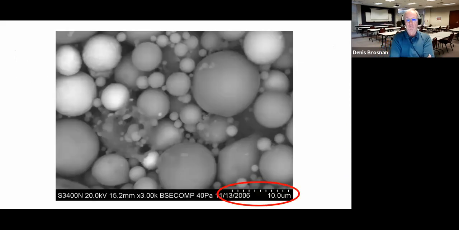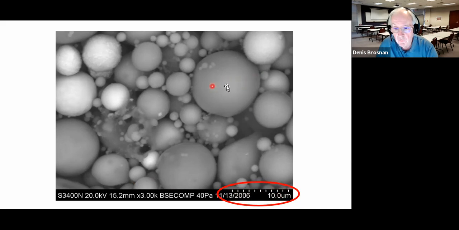So here's a picture. One of my groups of students took a fly ash image, and I think it's a pretty good picture because it shows the spherical particles. So it means that they were liquid when they melted, and they solidified by surface tension into rounded particles. The scale factor on the bottom right-hand side of the scanning electron microscope picture is the size, up to 10 microns in that length.